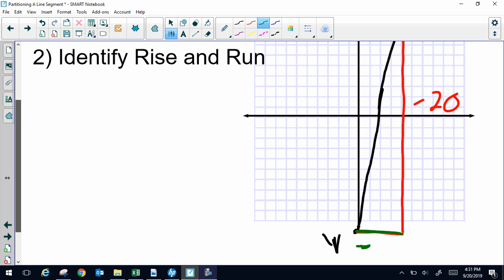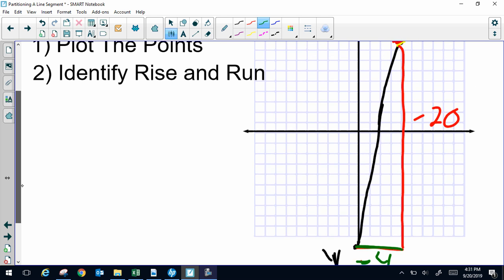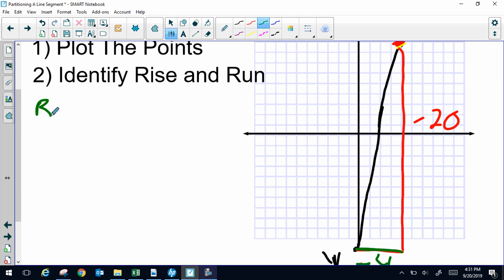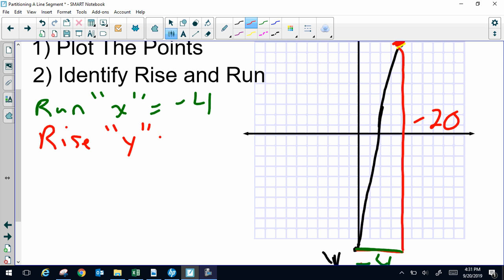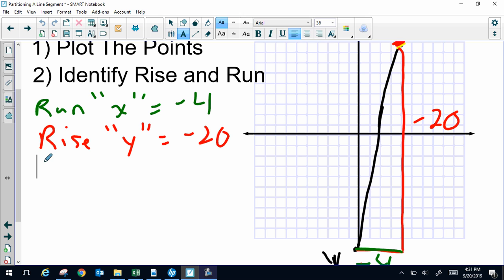And that is negative 4. Okay. So we have now our run, which again represents our x, as negative 4. We have to understand our rise, or our y, which is negative 20. Step 3, make the ratio into a fraction.